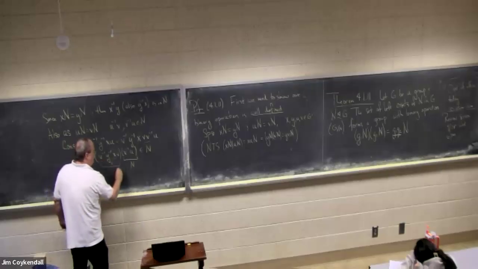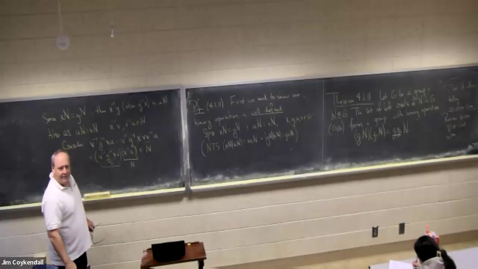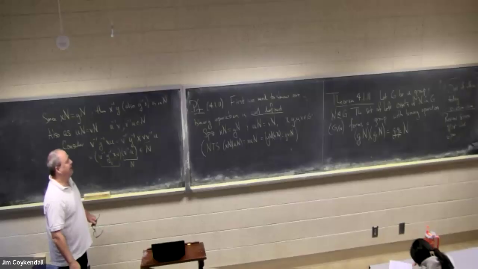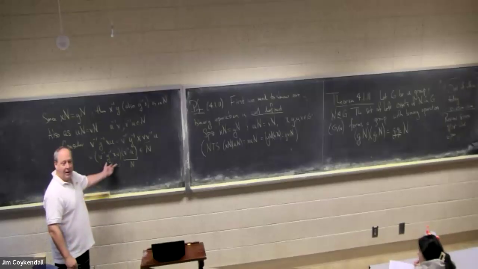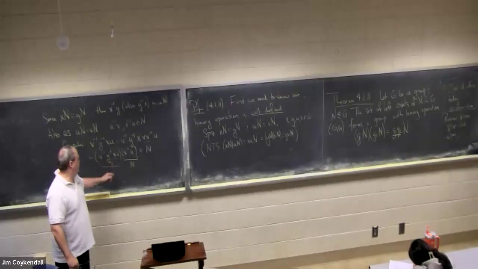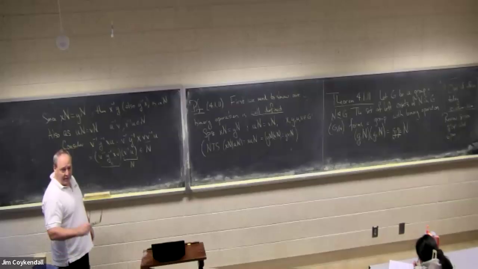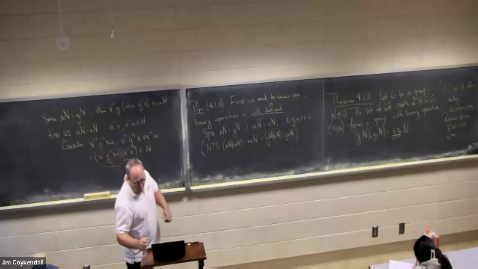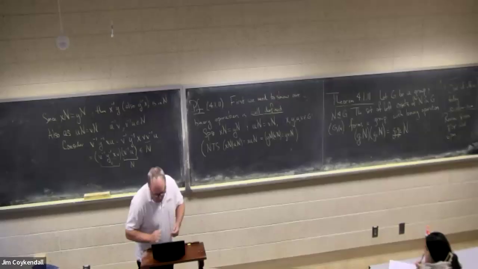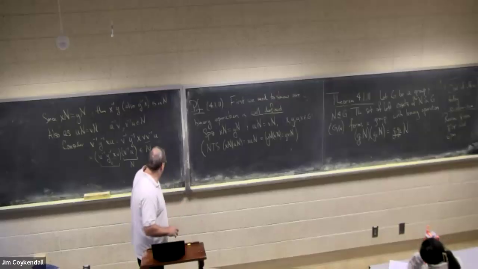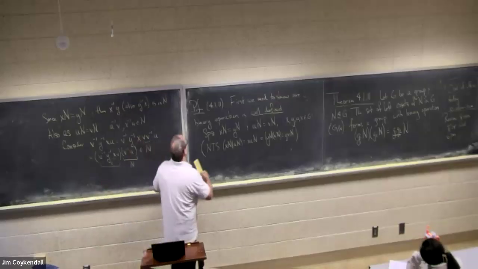So why is the whole shebang in N? Because normally it wouldn't be. But it is here because what do you know about N? It's a normal subgroup. So when I conjugate that, I do this. Everybody agree with that? Okay, so now that I've made that mess here, what can we conclude now?